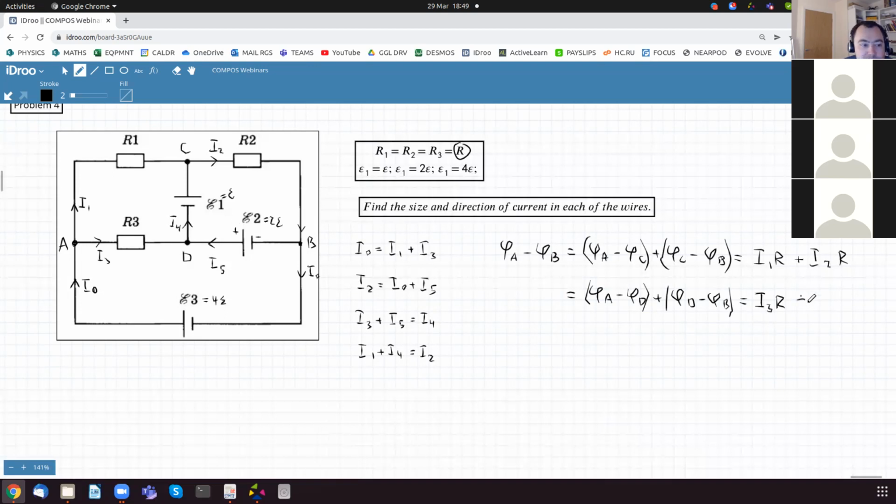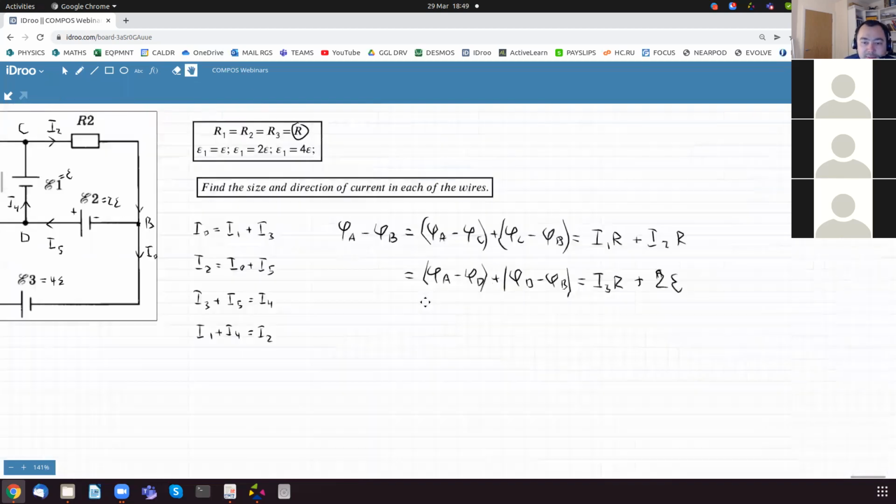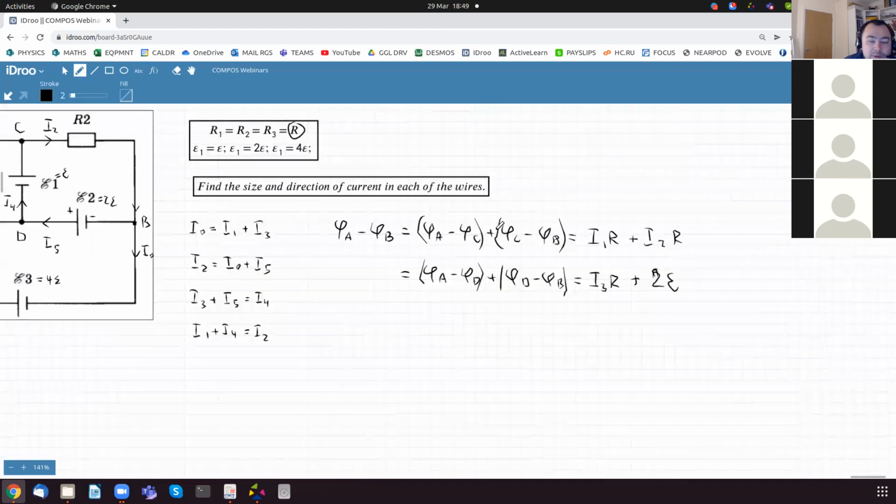So it's going to be plus EMF2. So there's going to be 2 EMFs. Joining these two together, these are equal. So I3R plus 2 EMFs equals I1R plus I2R.